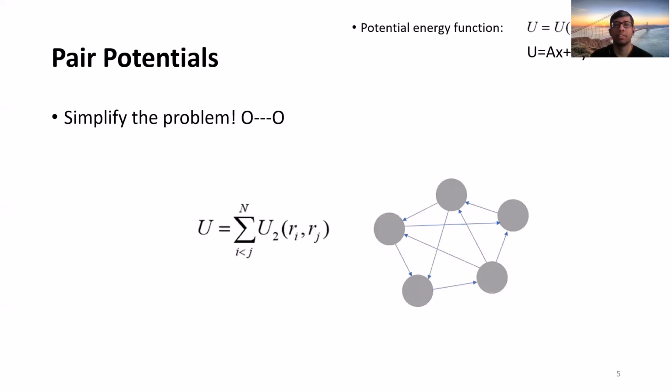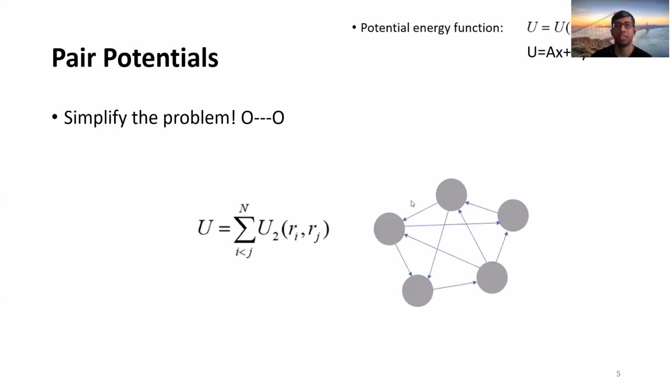So let's think about the simplest scenario here. From the simplest perspective, what can happen is interaction between an atom with another atom, that is between an atom pair. So when we define a simplistic functional form of potential energy in a system, it's called pair potentials, which considers only interactions between two atoms.